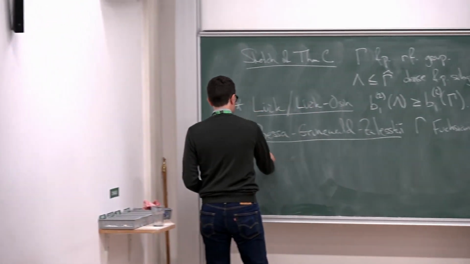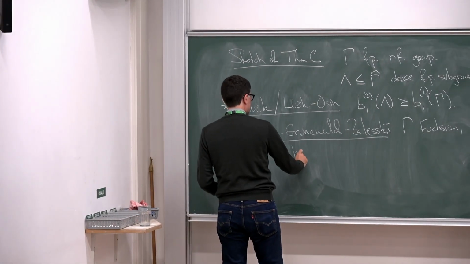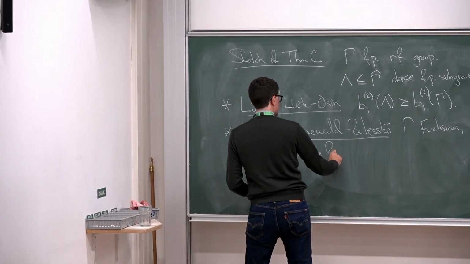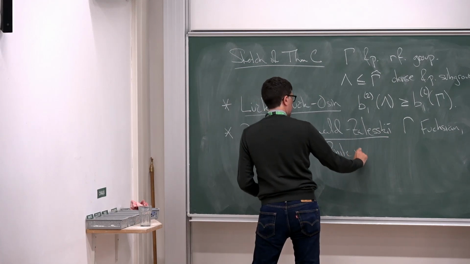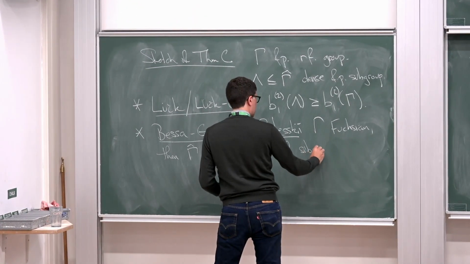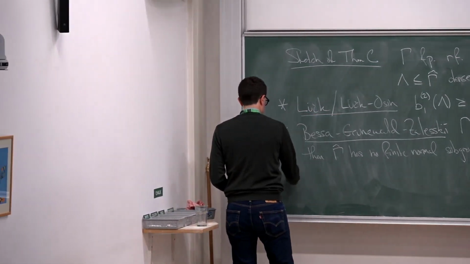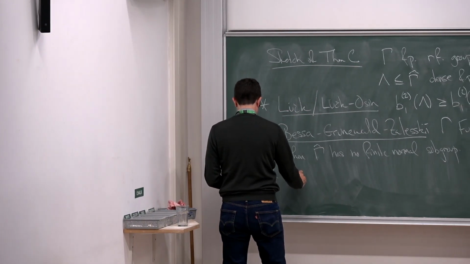If gamma is a Fuchsian group, then its profinite completion has no finite normal subgroup. This came up in the last talk.